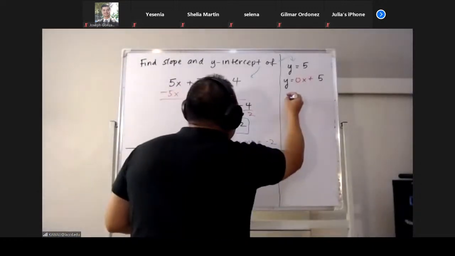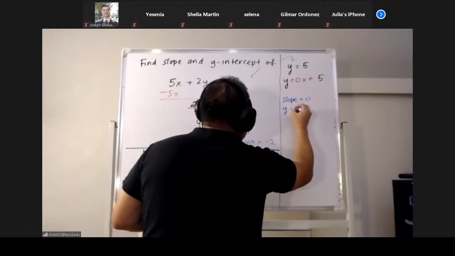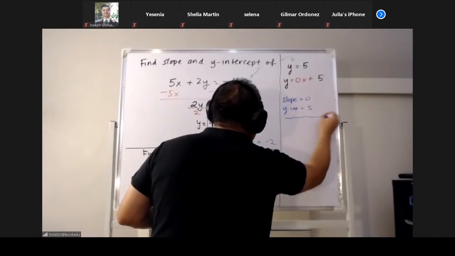Okay. So my slope is equal to 0, and my y-intercept is equal to 5.